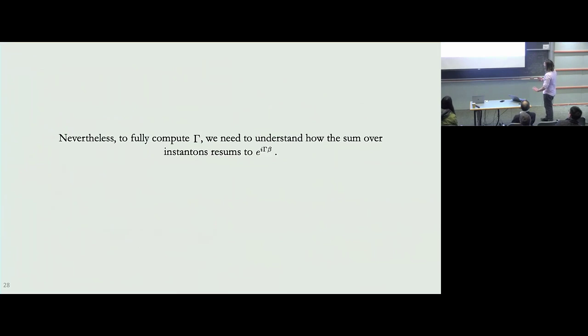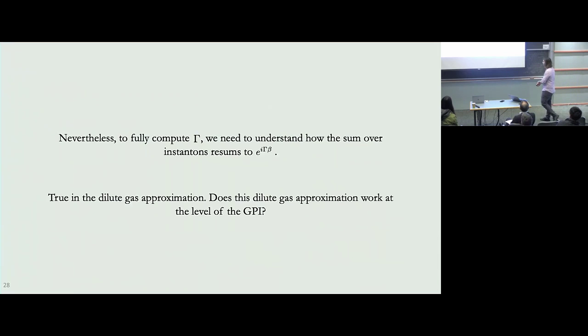Good. However, there's still a puzzle. To fully compute gamma, we actually need to understand how to sum over all instantons and how that sum resums into e to the I gamma beta. This is what we typically do for instantons. We have to resum them for the pair production rate to appear in the exponent.